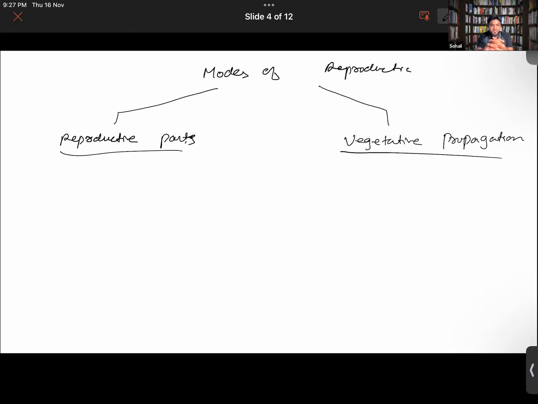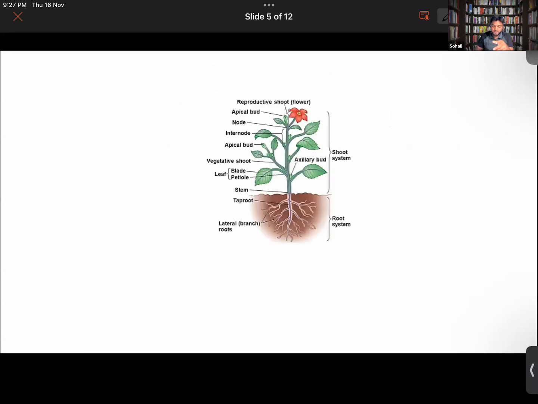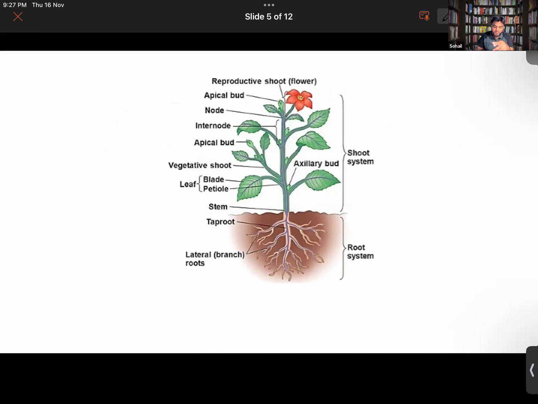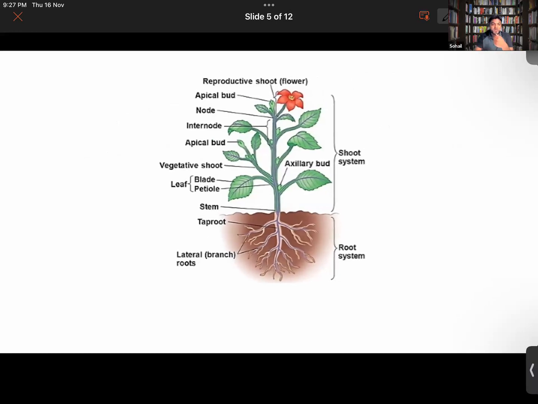And now if we were to have a look at the different parts of a typical plant, what parts do we see? You have here plants having two systems basically, the shoot system and the root system. What differences do we see in the two systems, by the way?